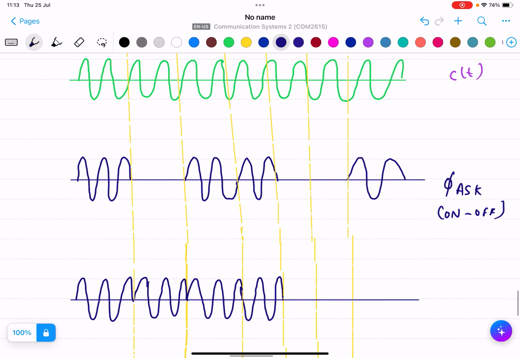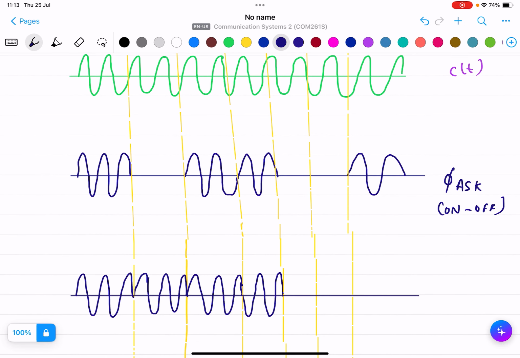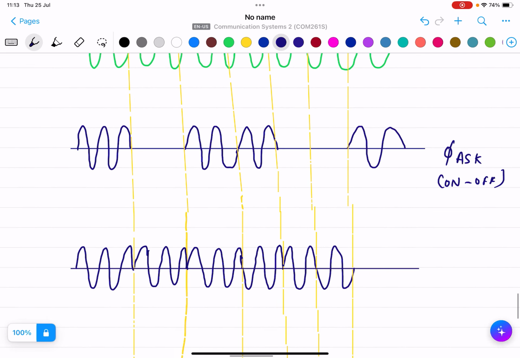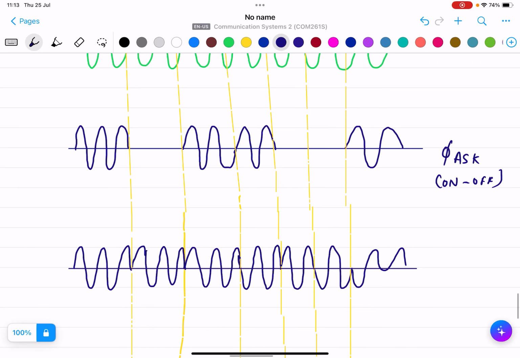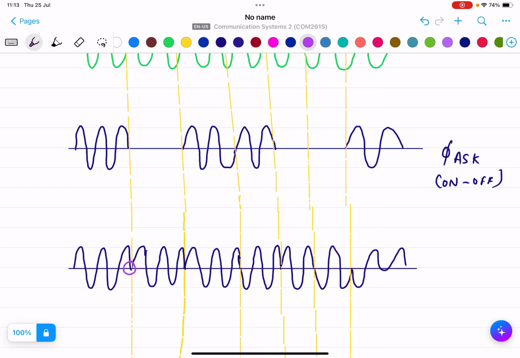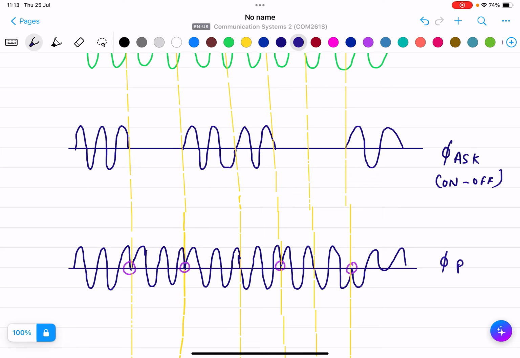Now it is 0 and 0, but there is a phase reversal now, so we will go like this. And again there is a phase reversal. So you can see wherever there is a transition, there is a phase reversal. So this is my waveform for PSK.